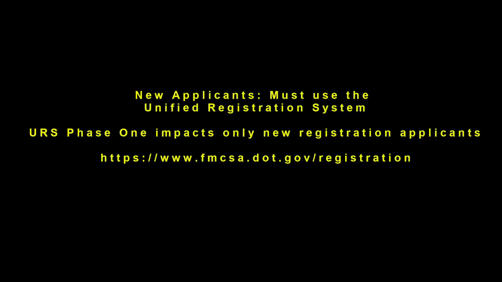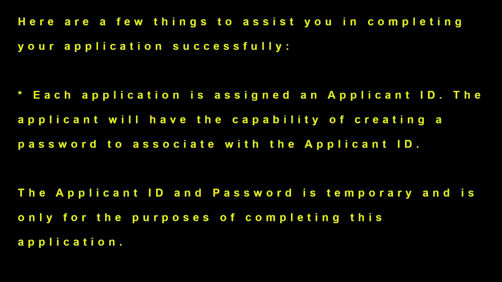Okay, the first thing we're going to do is all new applicants for an MC must use the Unified Registration System. The URS Phase 1 impacts new registered applicants only. Once you get there, it'll give you an introduction: the URS online application process, how to navigate the URS online application.